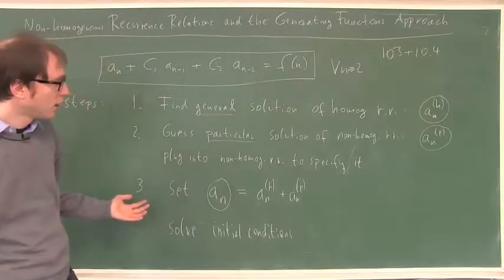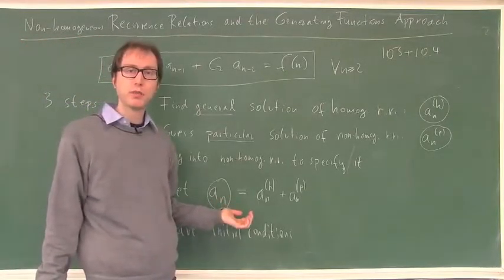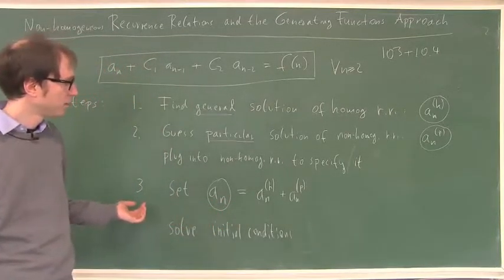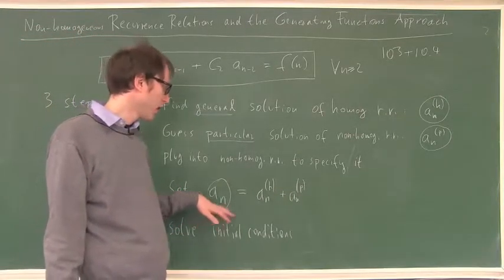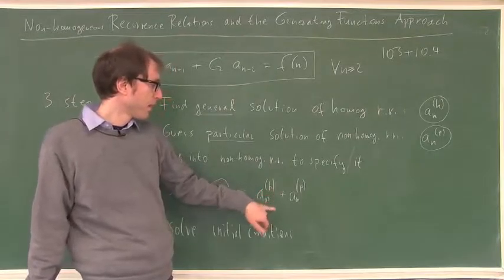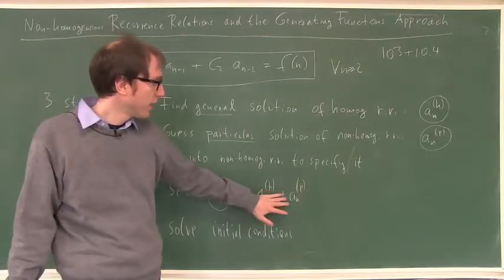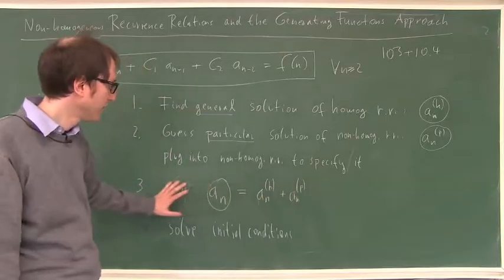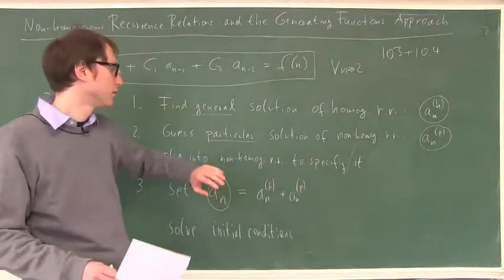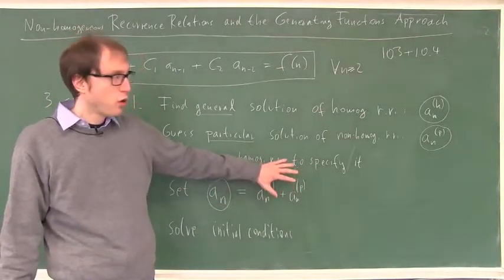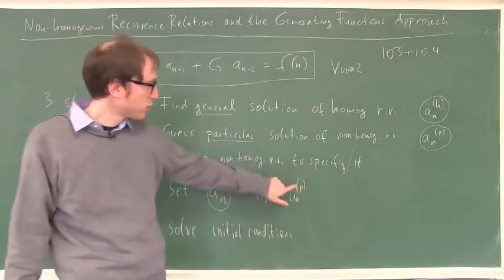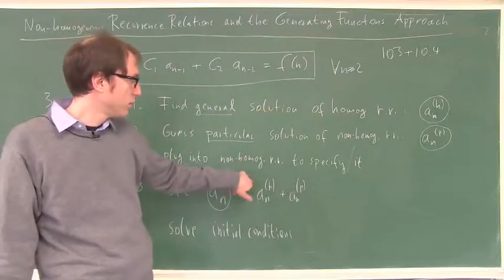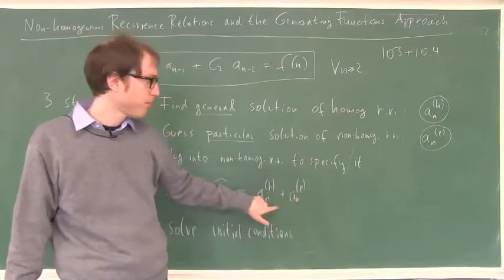And so what you do now, again, this should be familiar to people knowing about linear differential equations, you take a homogeneous general solution and add the one particular solution, and then what you will get is a general solution of the non-homogeneous recurrence relation. So every solution of that non-homogeneous recurrence relation will look like this.